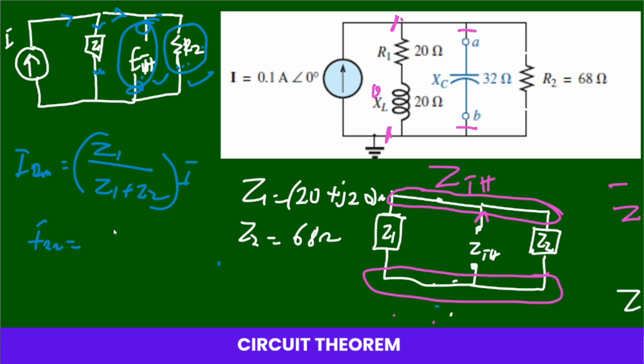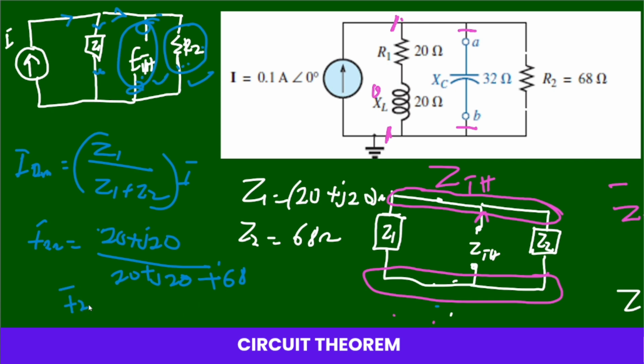So what's the value of Z1? Z1 is given by 20 plus J20, right? All divided by 20 plus J20, right? Plus the last value, which is 68, okay?